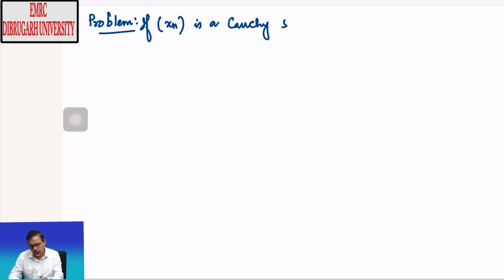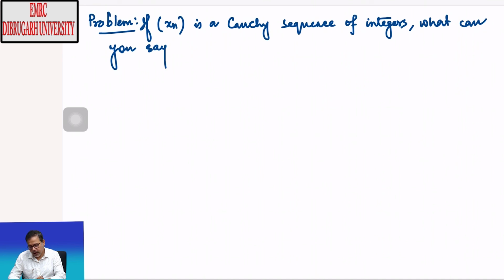Now, let me deal with this problem. If x n is a Cauchy sequence of integers, what can you say about the sequence?